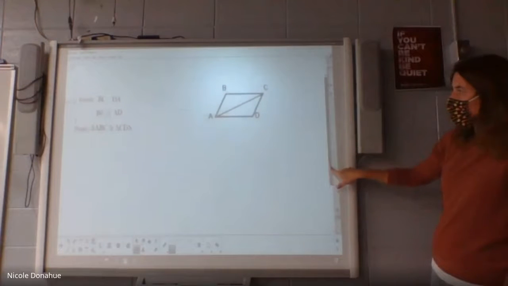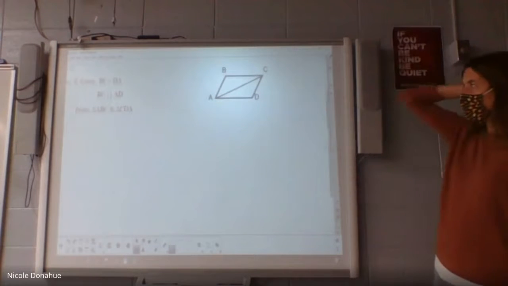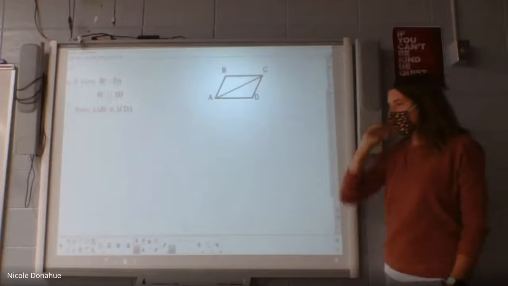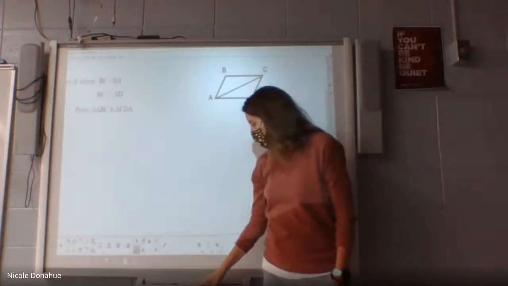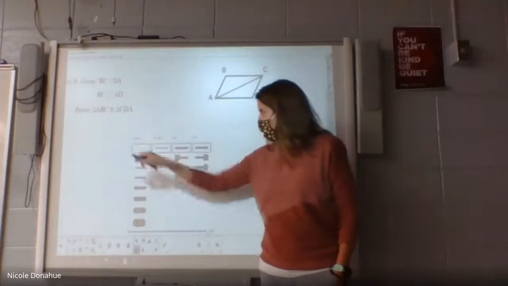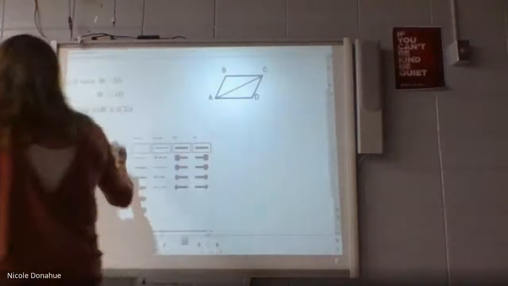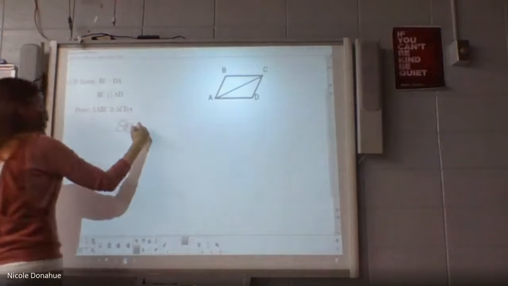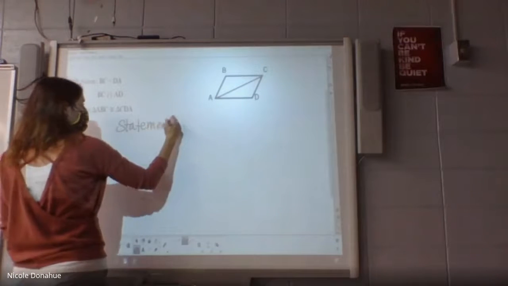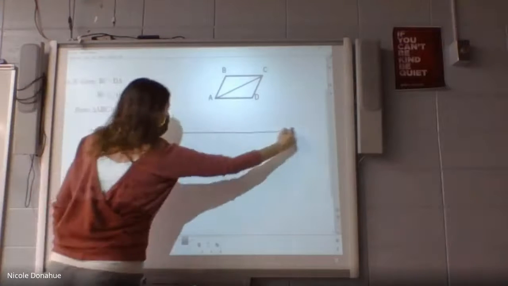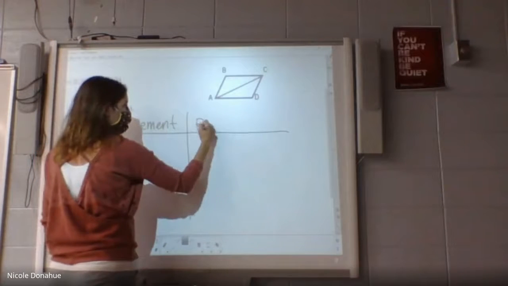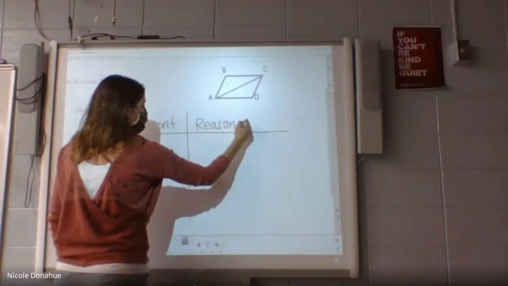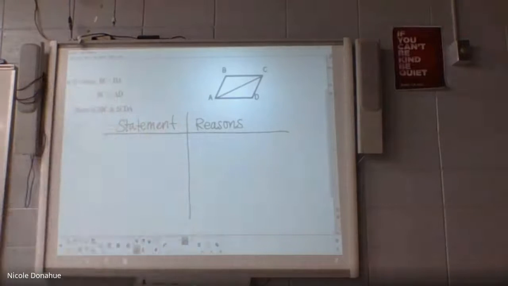I will warn you, this one's a little bit tougher, just because I think it's the one tougher idea to remember to use. So again, don't know where to start?